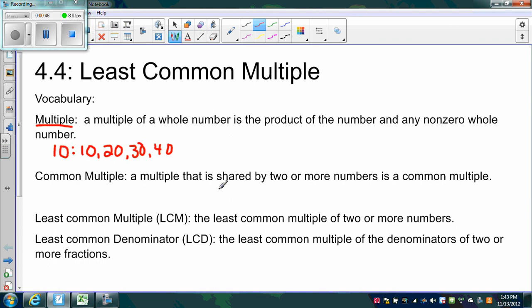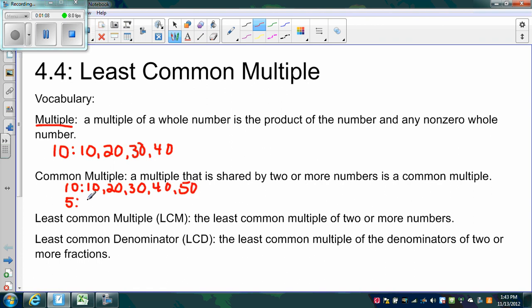A common multiple is a multiple that's shared by 2 or more numbers. So if we had 10 and 5, we'd have 10, 20, 30, 40, and let's go up to 50.